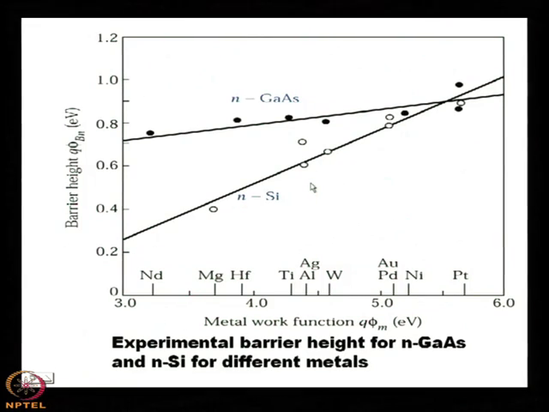Suppose you have fabricated or synthesized a new material, say material X. Then contact is required. So, you put many metals on it, silver, gold, platinum, aluminum, etc., and you measure the barrier height.